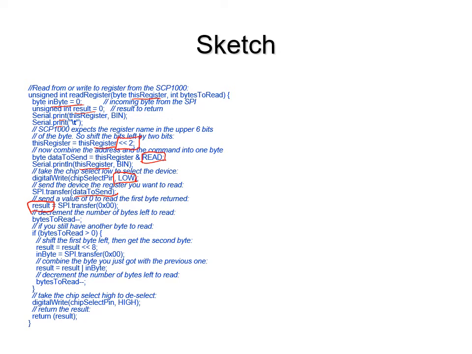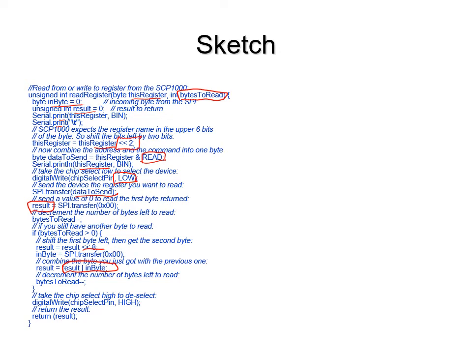Therefore, if it is not completed, you will continue to read the byte by shifting the result by 8 bits, then transfer the data again, and combine the result into a single result. The process will continue until all the data has been read, as specified by the byte to read number.